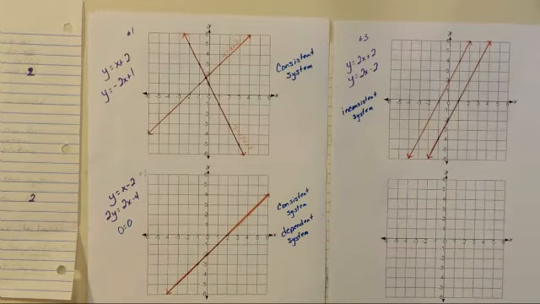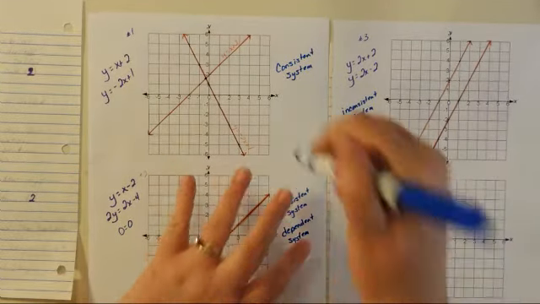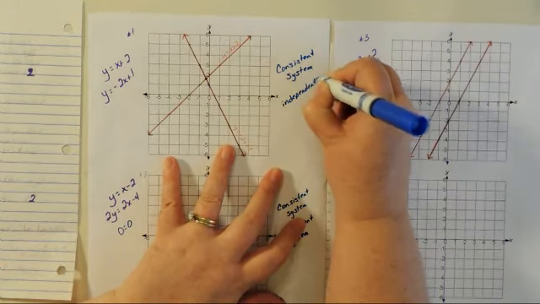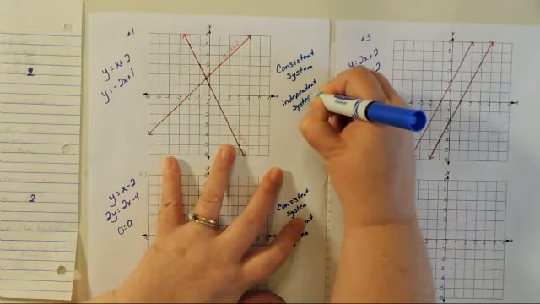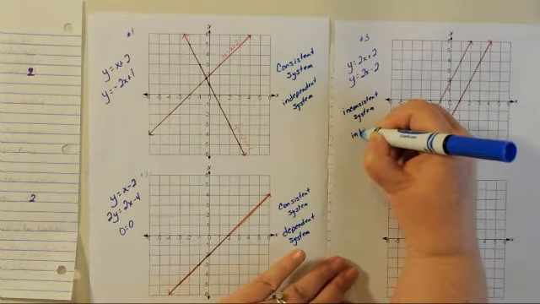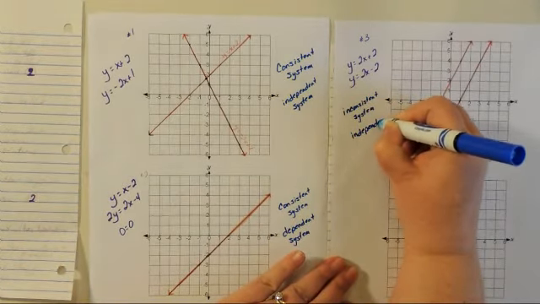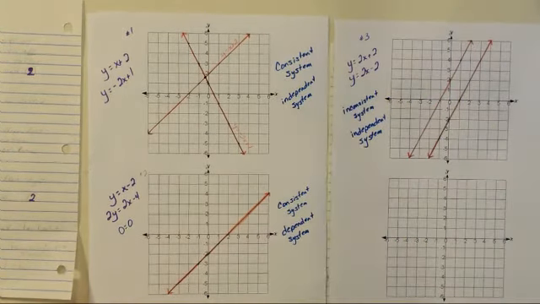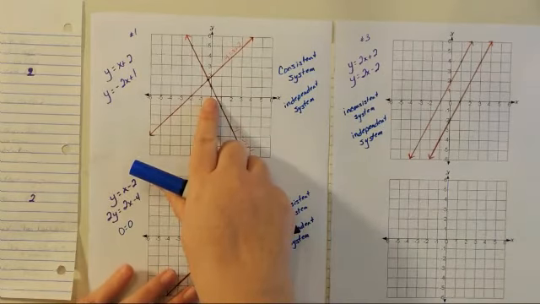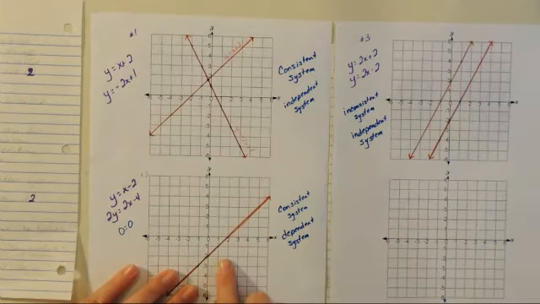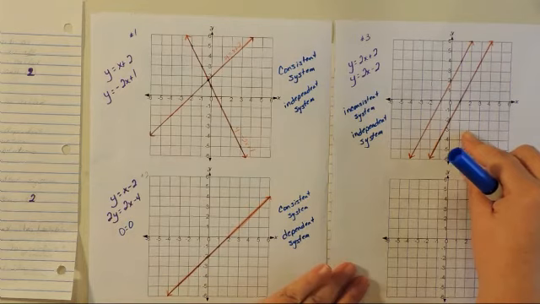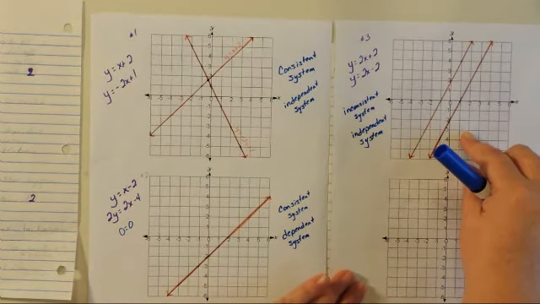If this is dependent, then this is obviously independent. And so is this. Okay? So this is an independent system and a consistent system. This is a consistent system and a dependent system. And this is an independent system and an inconsistent system.